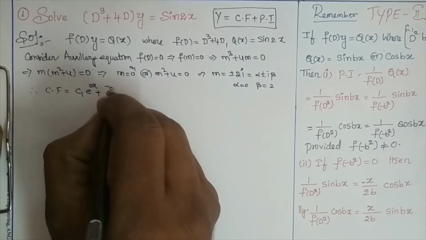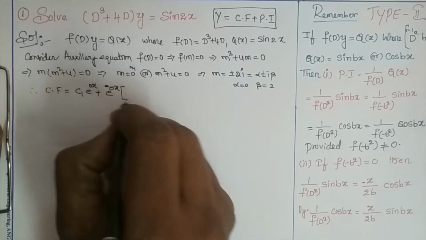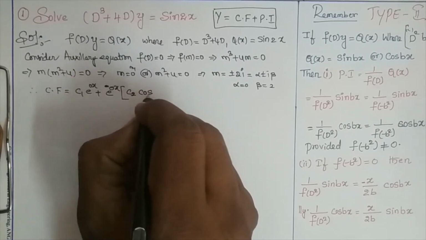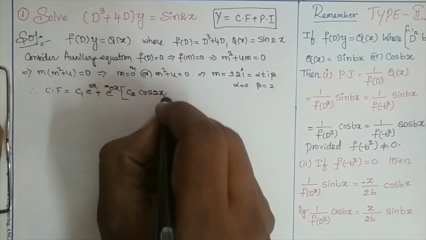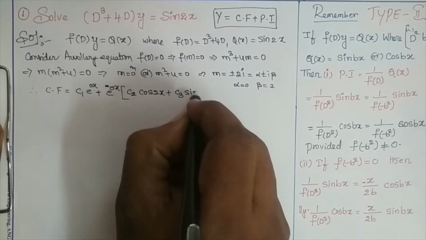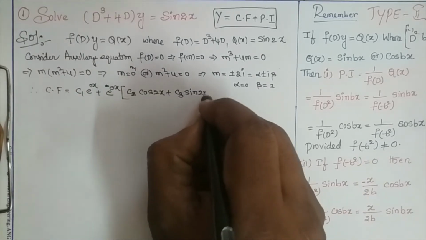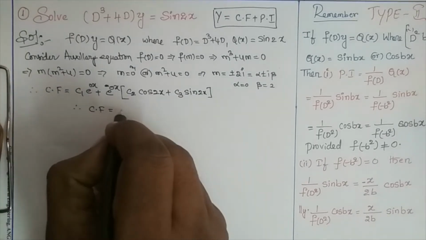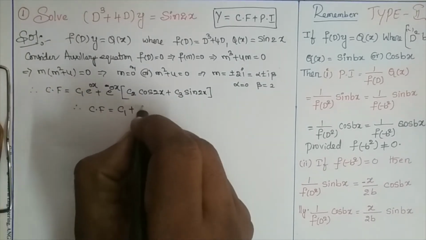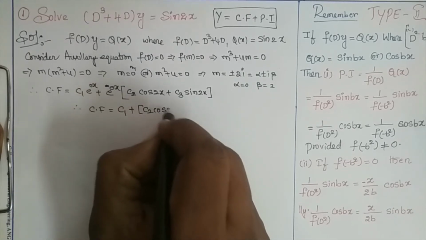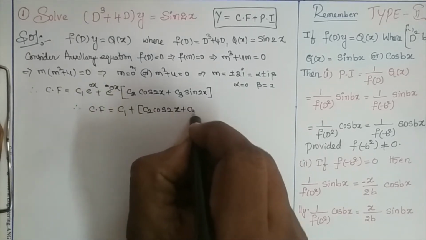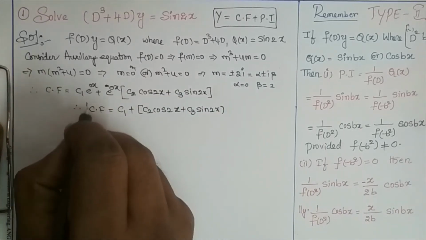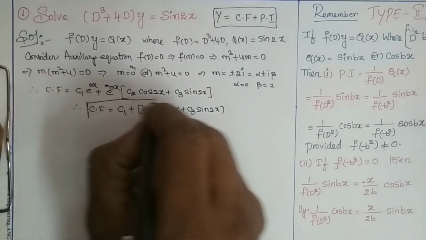So e power 0x into c2 cos 2x plus c3 sin 2x. The simplified form is CF is equal to c1 plus c2 cos 2x plus c3 sin 2x. This is the complementary function for the given problem.